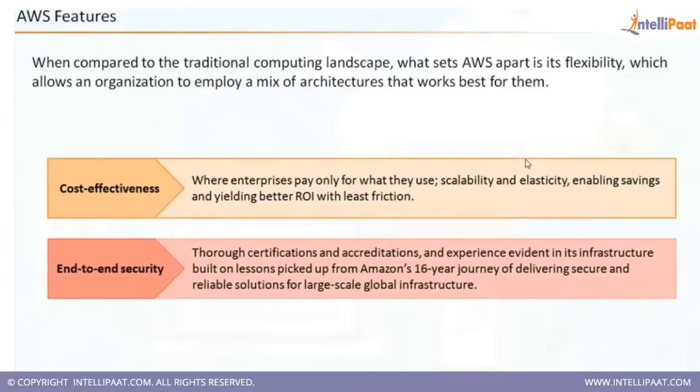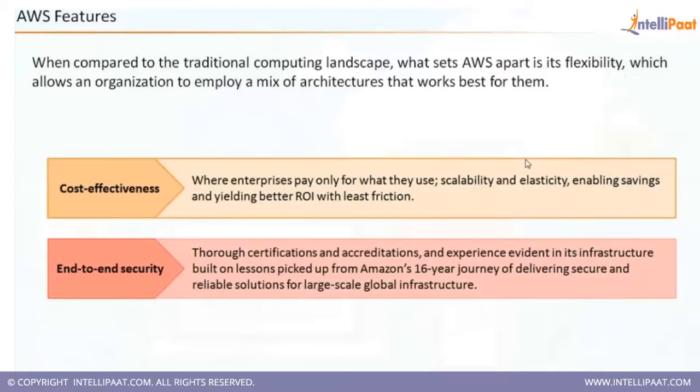Whatever the storage, virtual machines, type of instances, all are based on different costs. So they give you more ways, or I can say more paths, to use their services in a different manner. End-to-end security, I told you. As AWS is more mature, they have different security levels.